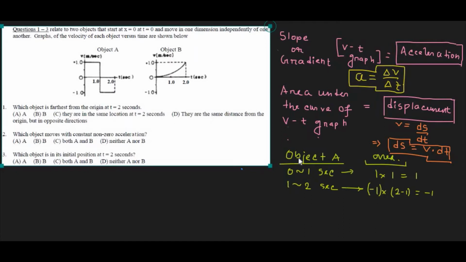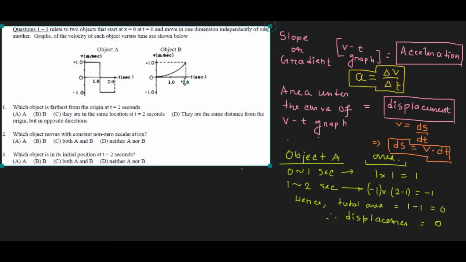So for object A, the area between 0 to 1 second is 1, and between 1 to 2 seconds it is negative 1, which means the total area is 1 minus 1, which is 0. This represents that its displacement is equal to 0. The object A will come back to its initial position at t equal to 2 seconds.